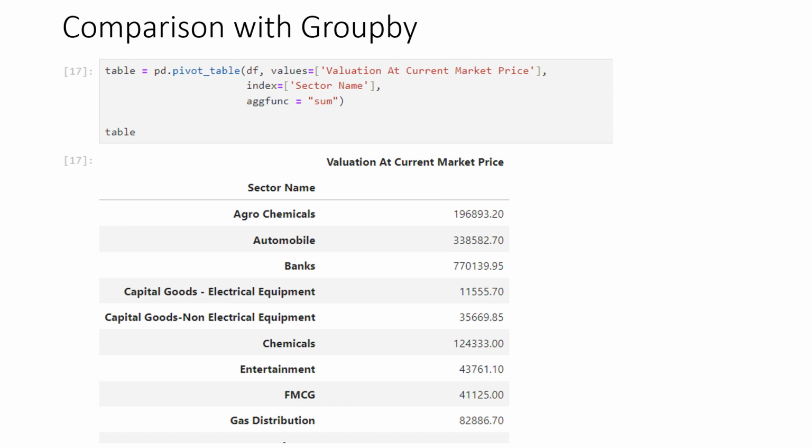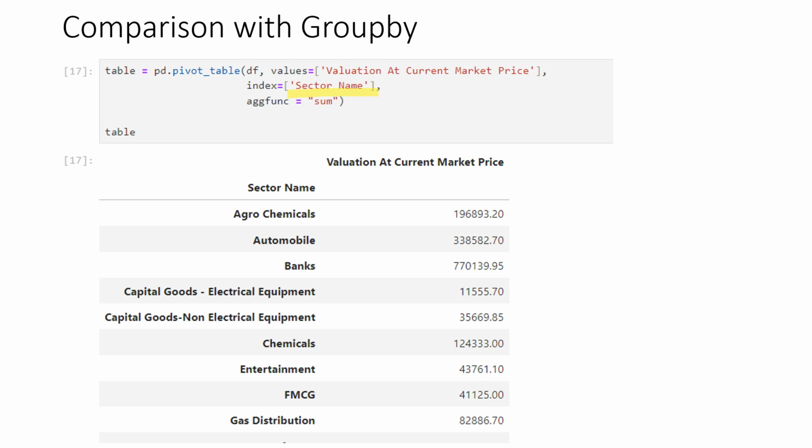Now I want to show a comparison between the pivot table and group by. We can get the same type of output using pivot table and group by. So in this particular example, in the pivot table I have shown valuation of investment sector wise. That's why I have written value is equal to valuation at current market price and index is sector name.